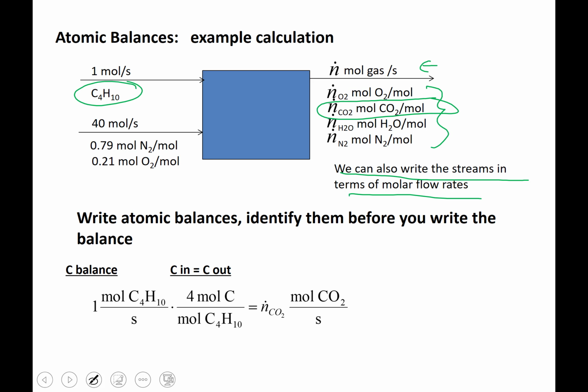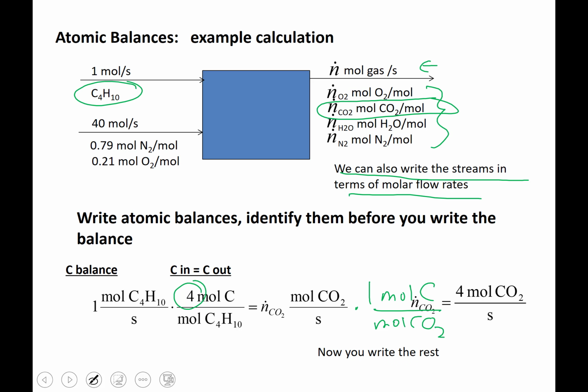We have 1 mole of butane times 4 moles of carbon per mole of butane equal to n dot CO2, moles of CO2 per second. It's implicit, but there's 1 mole of C per mole of CO2, so we're actually balancing carbon, not the molecules. That ends up being 4 moles of CO2 per second.